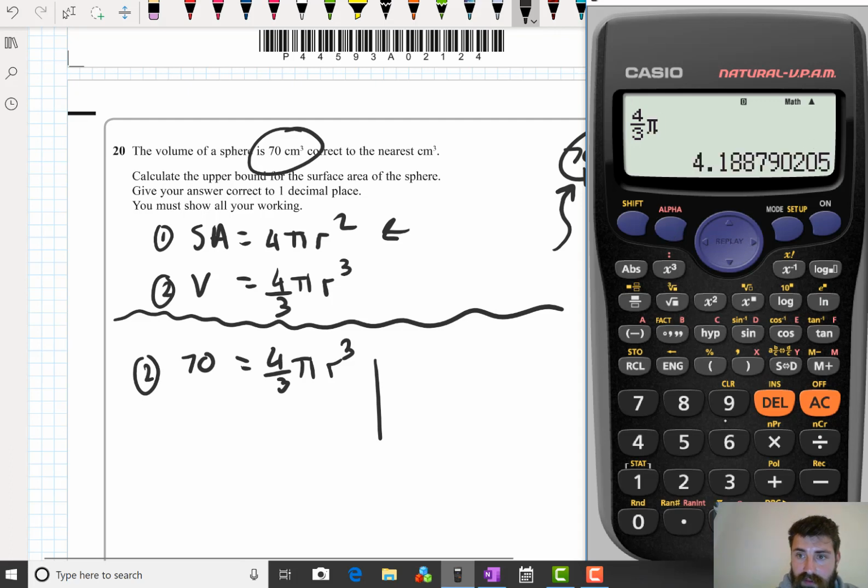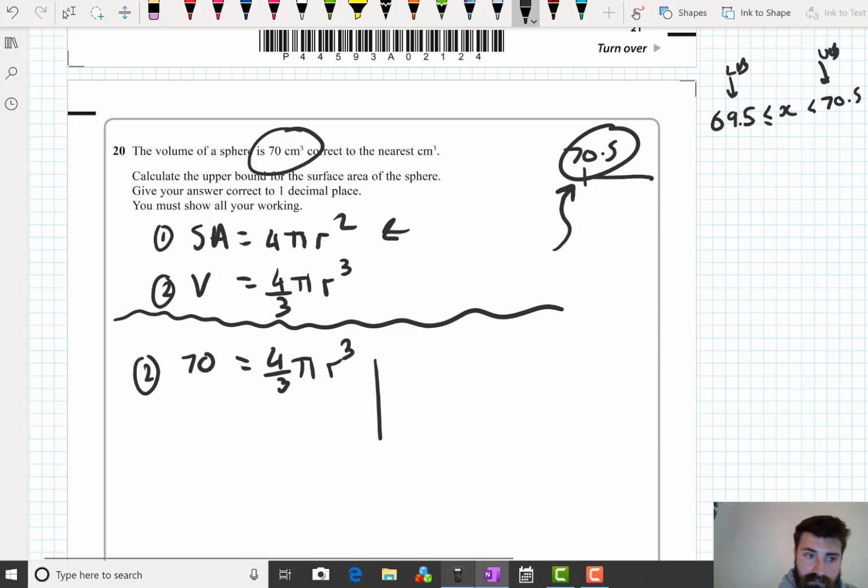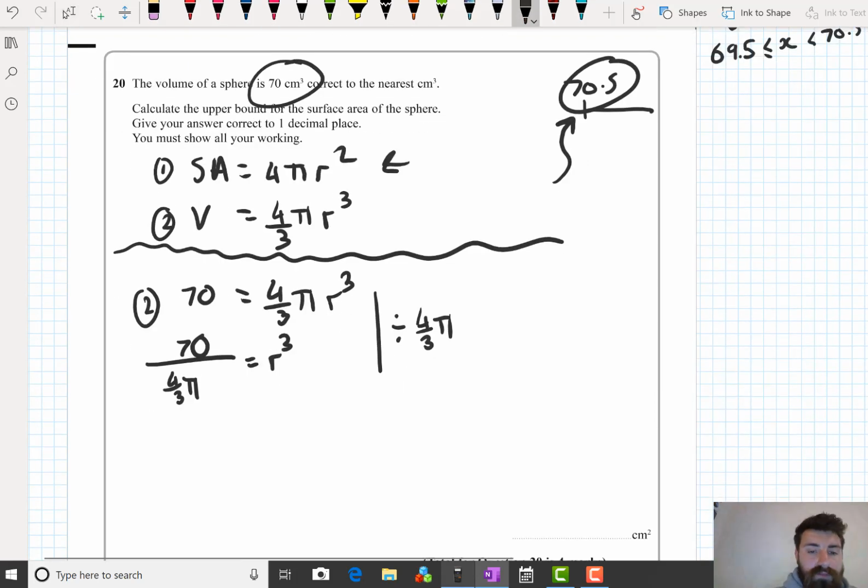So I'm going to keep it as 4 over 3 pi because I like things simple. The opposite of multiplying by 4 over 3 pi is dividing by 4 over 3 pi, which is completely okay to do. 70 divided by 4 over 3 pi is equal to r cubed. Now this is really useful because I want to get r squared. So if I cube root r, that funky button on the calculator I showed you earlier.